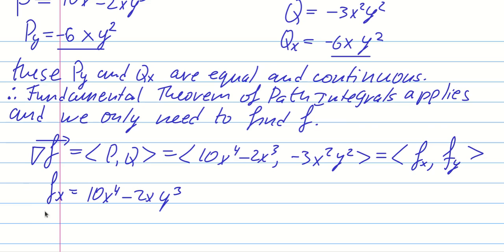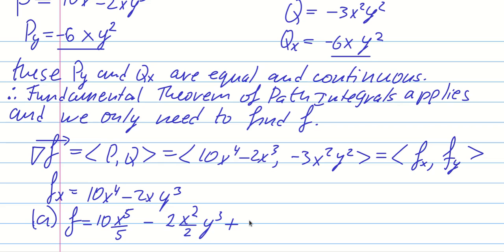then we find the antiderivative of this function, so it's going to be 10x to the 5 over 5 minus 2x squared over 2 y cubed, and then plus some constant that can depend on the function of y, because if we take the derivative of a function that depends only on y, we're going to get 0.